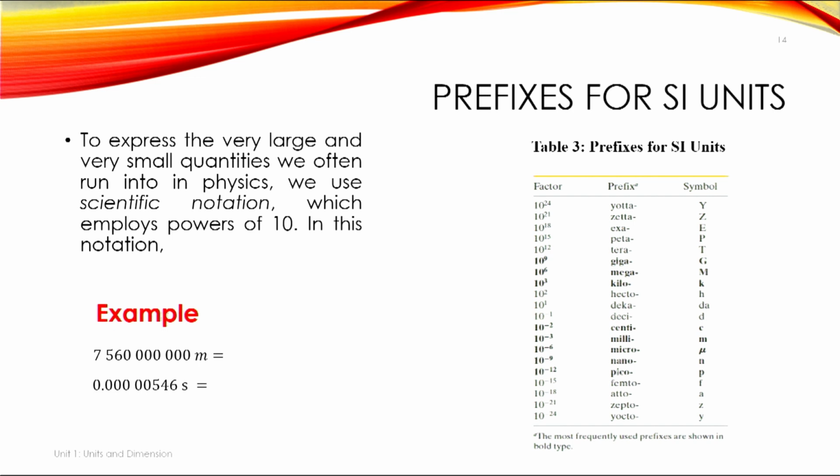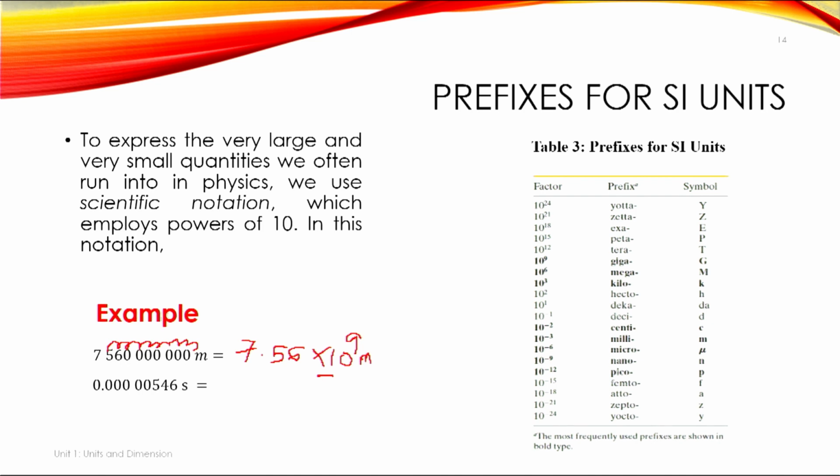Let's do this together. Let's count the number of zeros to the left. We have 1, 2, 3, 4, 5, 6, 7, 8, 9. So the number of decimal places here becomes 7.56 times 10 raised to power 9 meters.